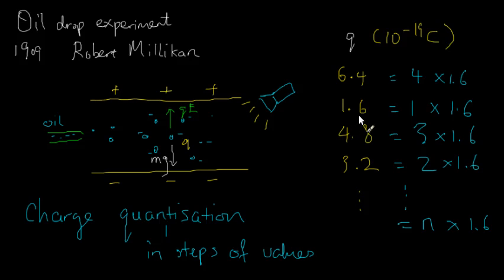And actually, there's no reason, just from this experiment, to expect that this 1.6 is the charge of the same electron that was observed in Thomson's experiment. After all, these are oil droplets, and Thomson was using a metal cathode in a vacuum, so it's a completely different situation.